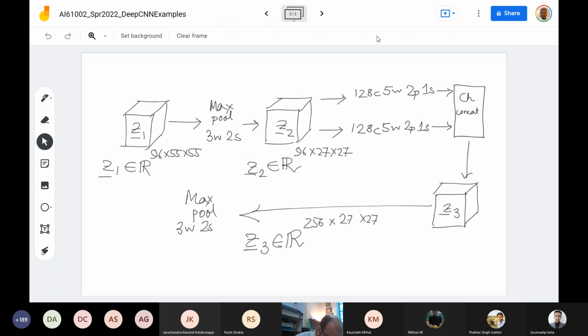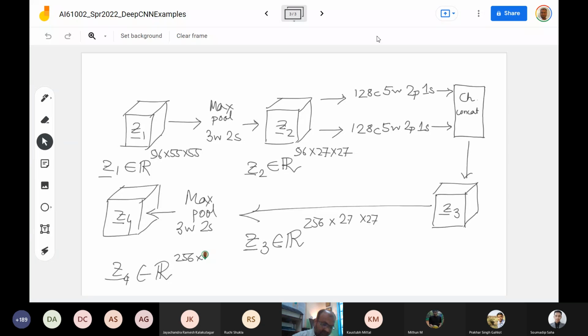And then I end up getting another tensor, which is Z4. What will be the size of Z4? 256 cross 13 cross 13.